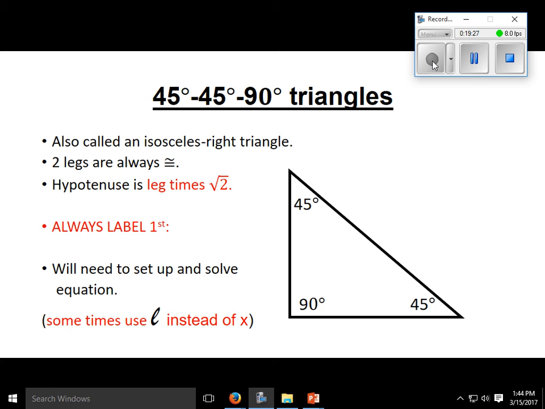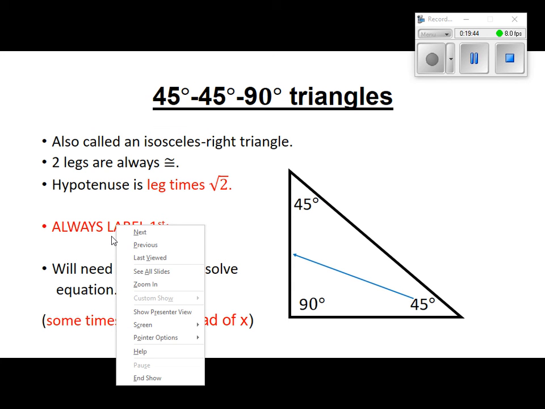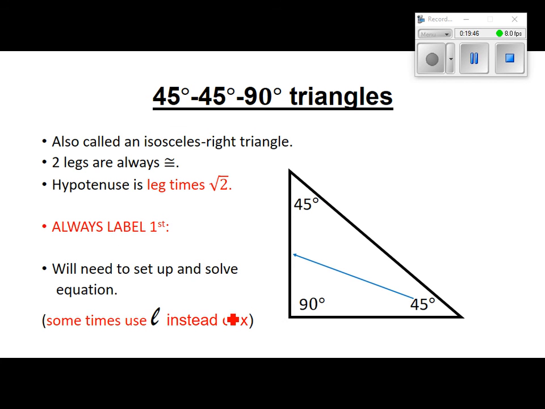It's got a right angle. What else? It's isosceles. If the angles are the same, the sides across from them have to be the same. We had that isosceles triangle theorem a while back, right? So what do we know about this side and this side? They've got to be the same, right?